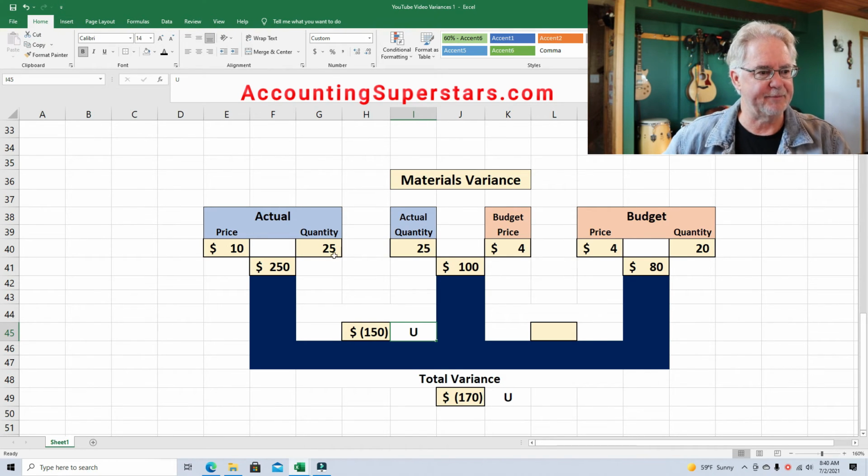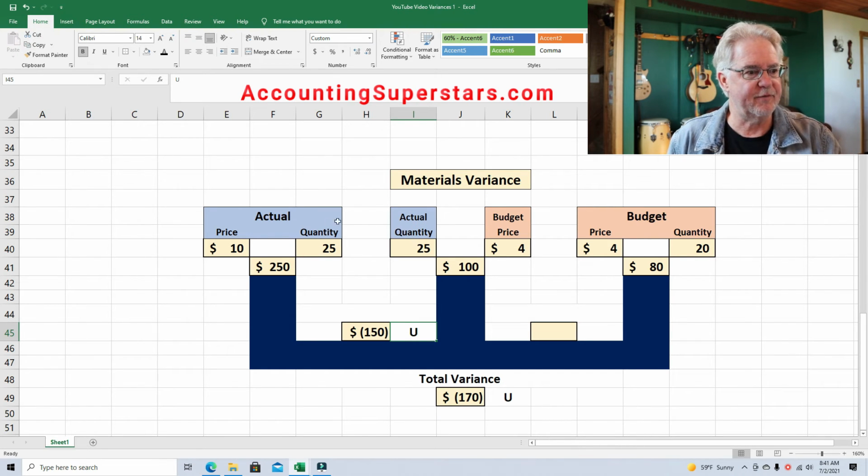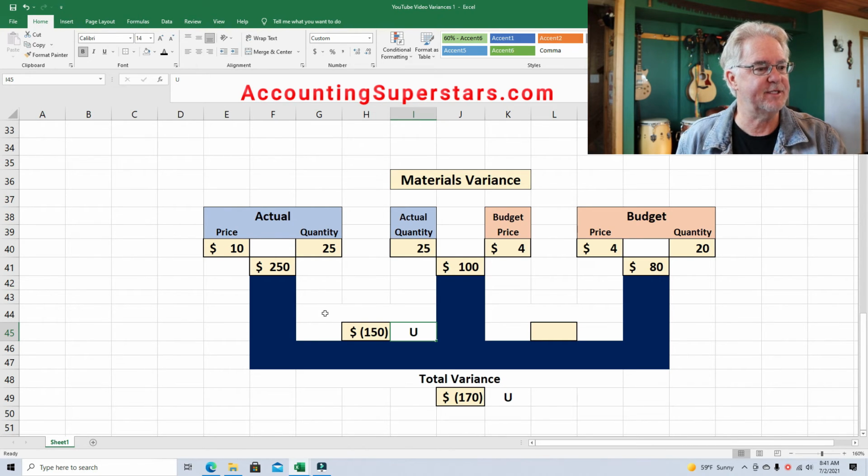Well, here's what's going on. Here on the left-hand side, we have quantity. Here in the middle, we have actual quantity, actual quantity. They're the same. No difference between those two. But the price here, here's the actual price, and here's the budget price. All right? Actual price, budget price. So this is called the price variance.